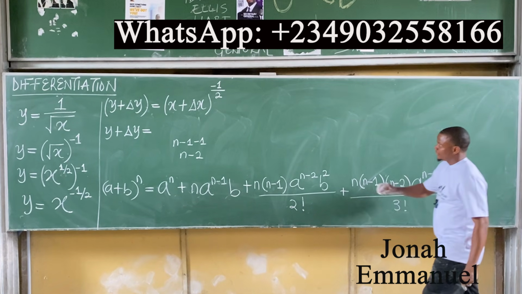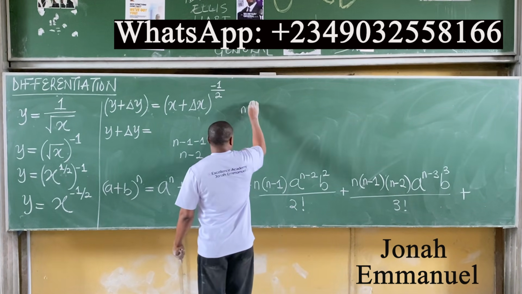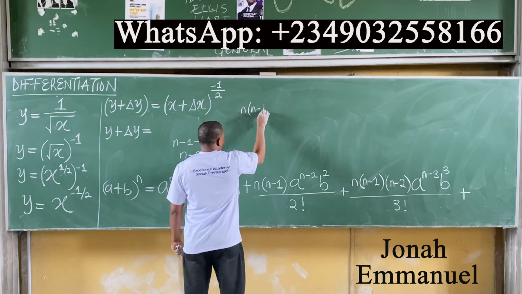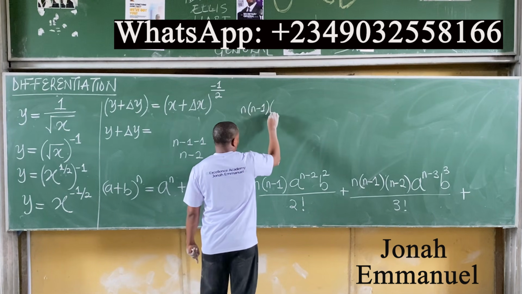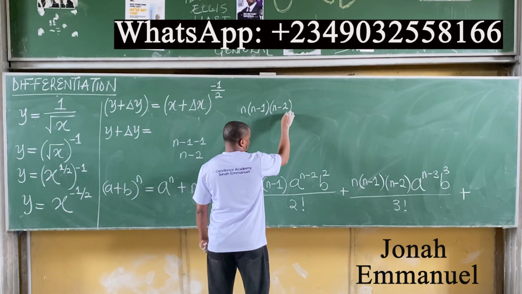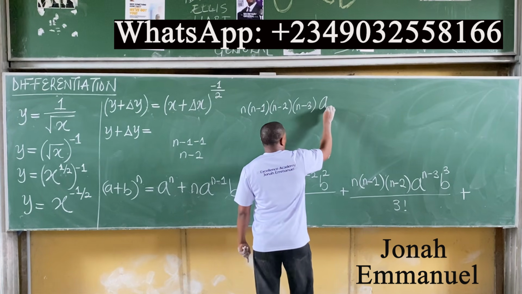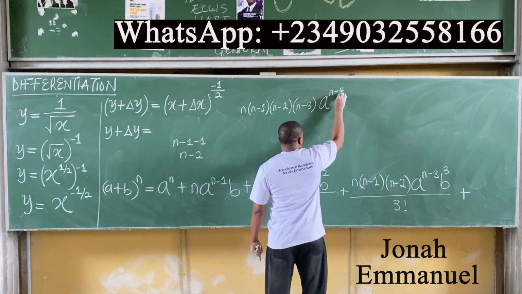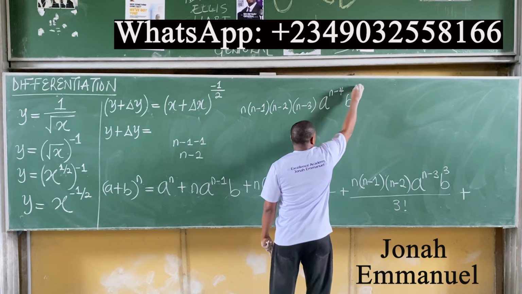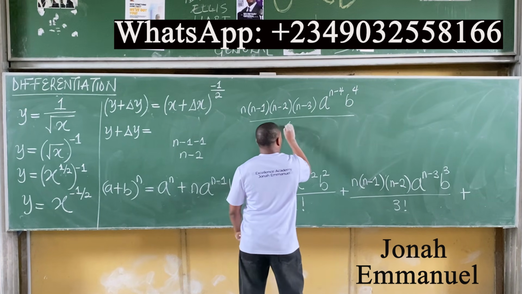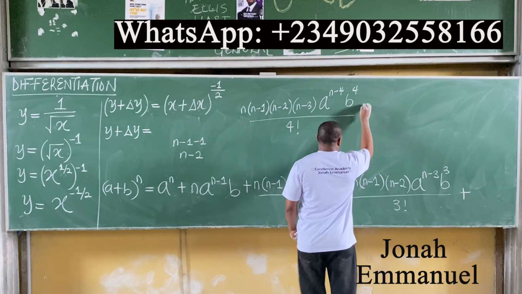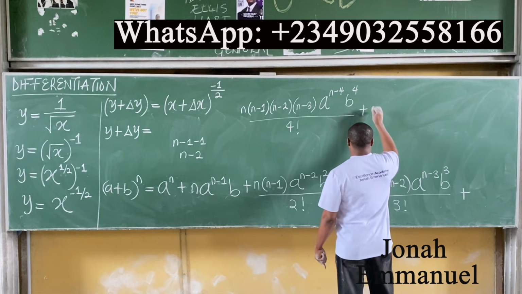Plus, give me the next step. What will it be? N into n minus 1 into n minus 2 into n minus 3 into A to power n minus 4 into B to power, all over. Final term, please. One last one. What do you have there?